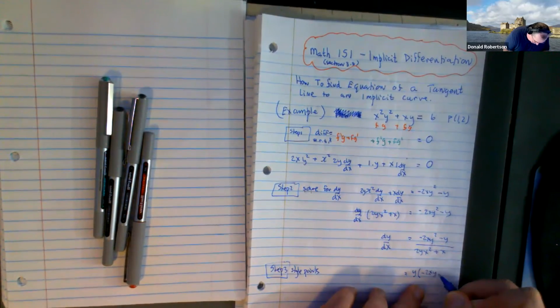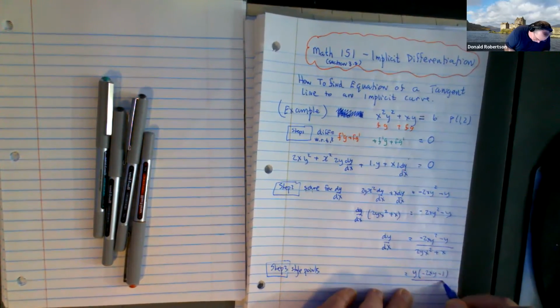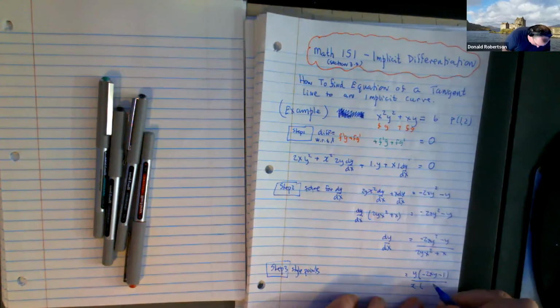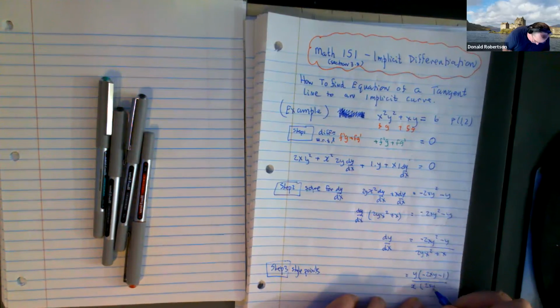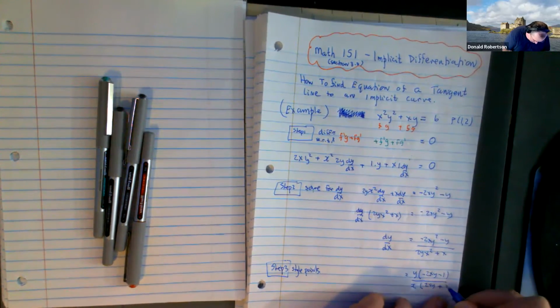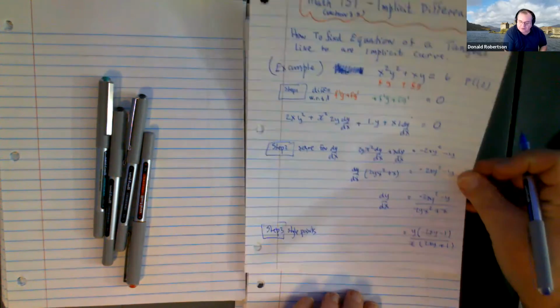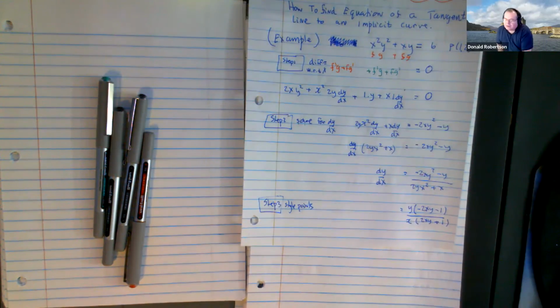Negative 2xy, take away 1. And on the bottom, it looks like I can pull out an x. And if I pull out an x, I get 2xy plus 1, don't I? Check that. 2xy plus 1, right? So far, so good.